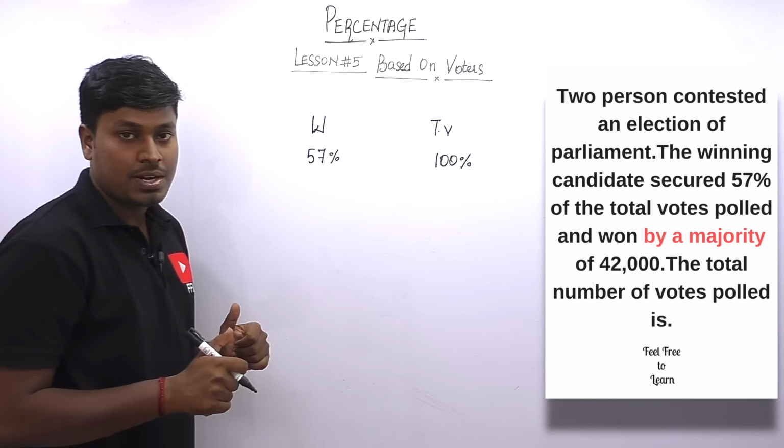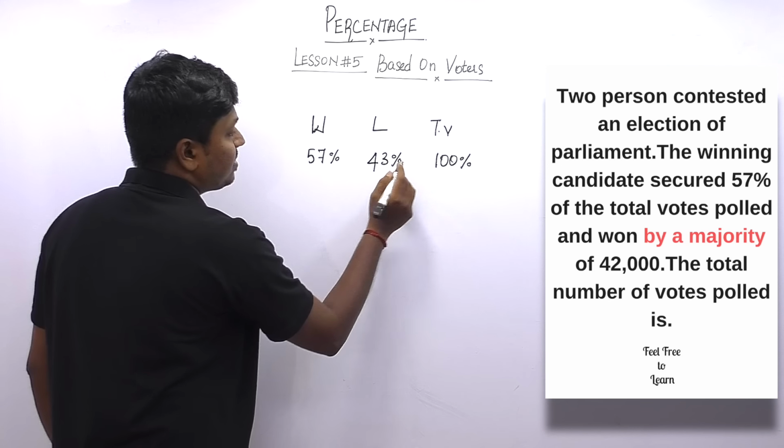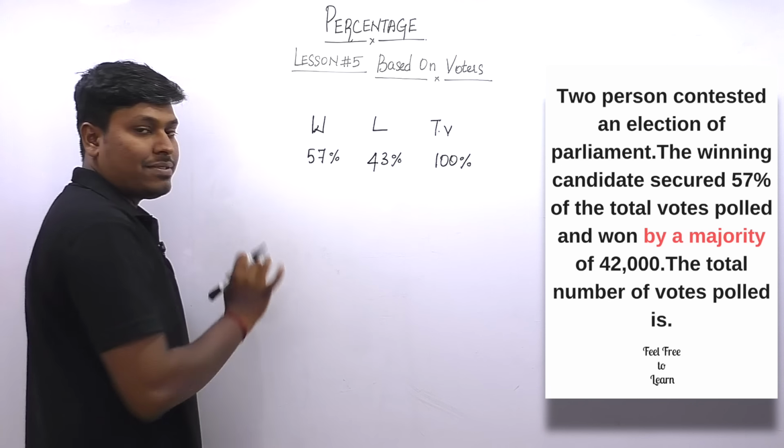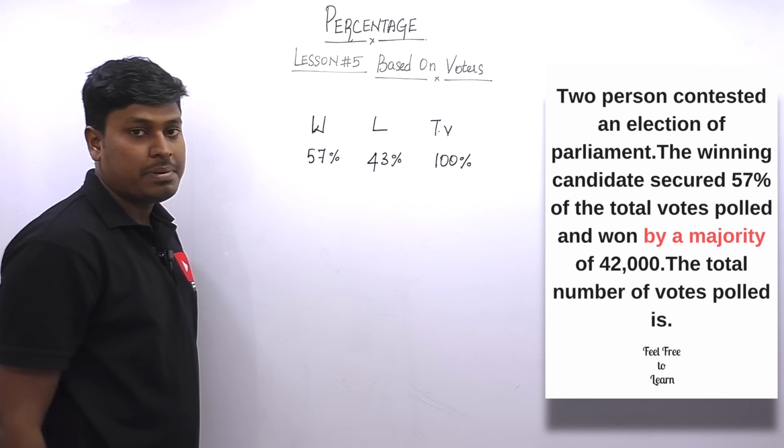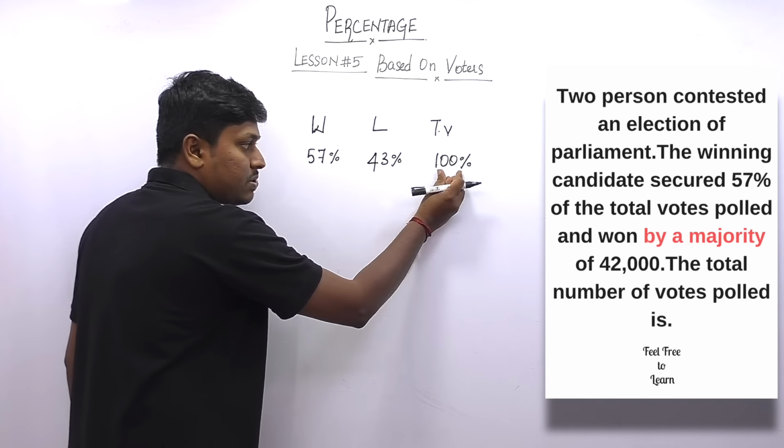Out of 100% total votes, the winner got 57%. Then we can easily say the loser percentage will be 43%. So 100% total votes minus the winner percentage gives the loser percentage, 43.